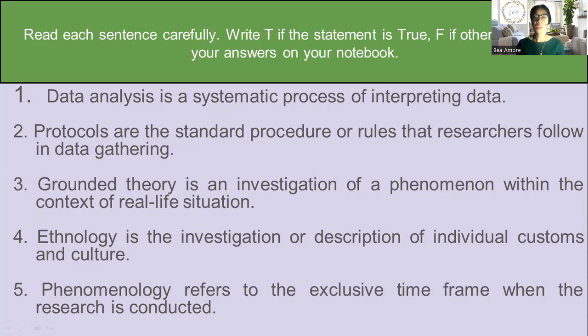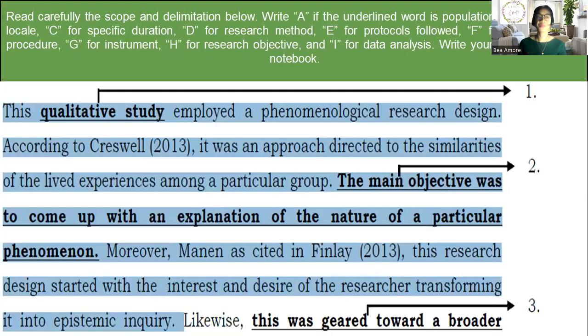Three, grounded theory is an investigation of a phenomenon within the context of real-life situation. Four, ethnology is the investigation or description of individual customs and culture. Five, phenomenology refers to the exclusive time frame when the research is conducted.